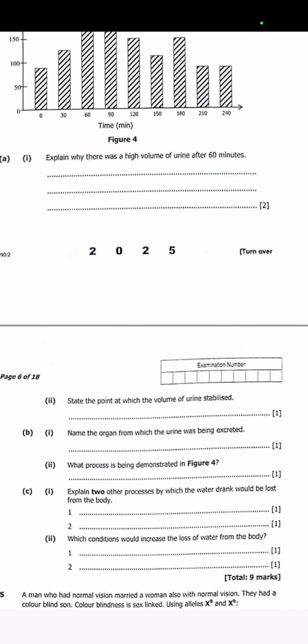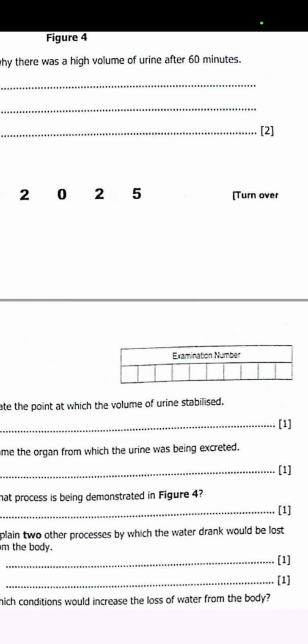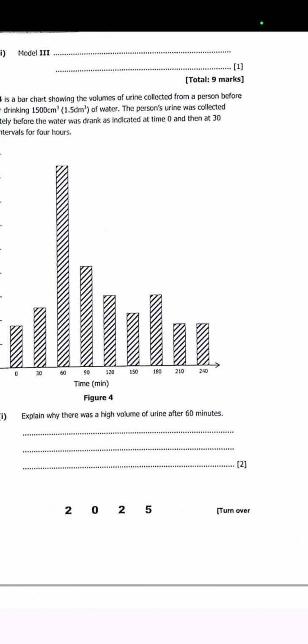So A2, it was just a mark. We are saying state the point at which the volume of urine stabilized. The keyword here is stabilization. What does it mean? This is just a common English word. When we say something is stable, meaning it has stopped fluctuating. So we'll go back to the same bar chart and look for the bars which are of the same size.